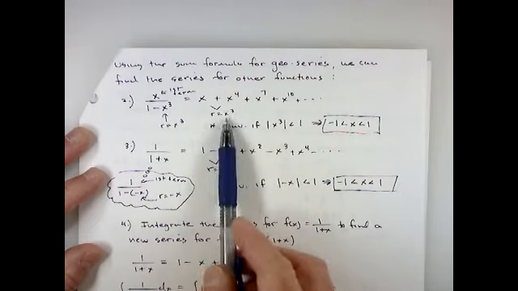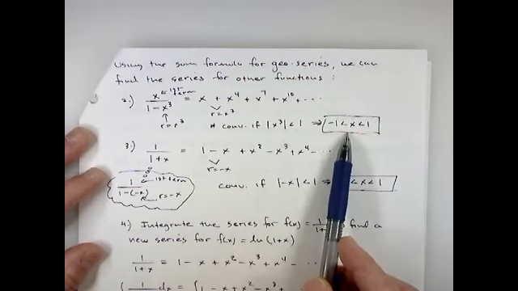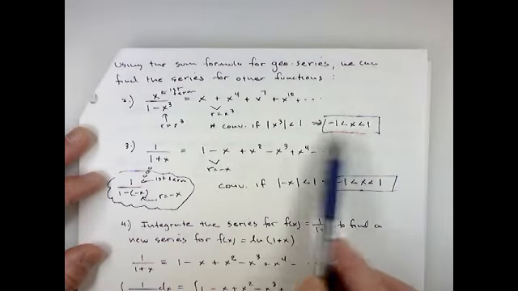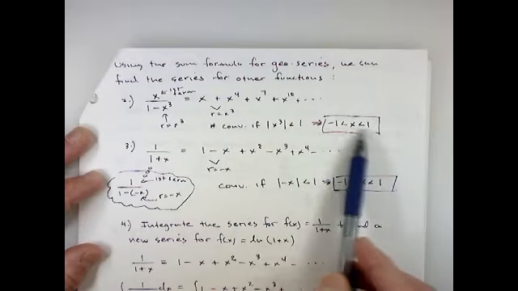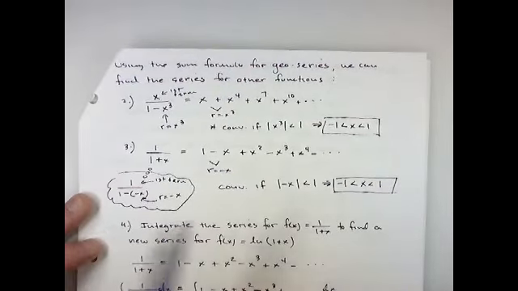Once again, it would only converge if the absolute value of r is less than 1, which would be between -1 and 1. Okay, this, by the way, is called the interval of convergence. Makes sense. Those are the x values I can use and have that converge.